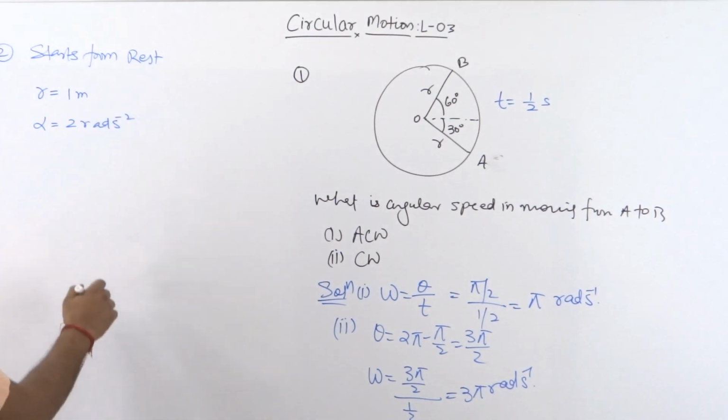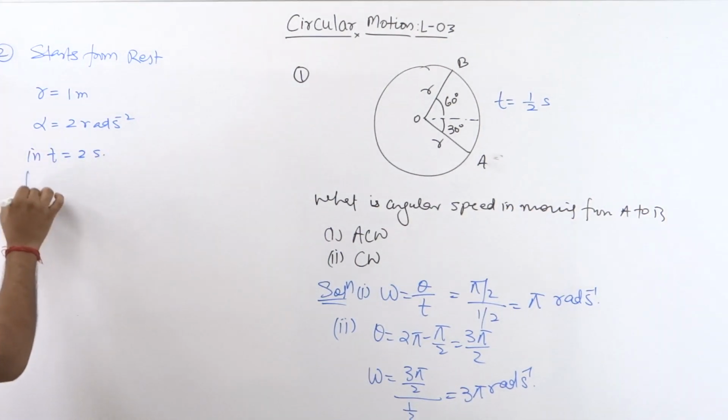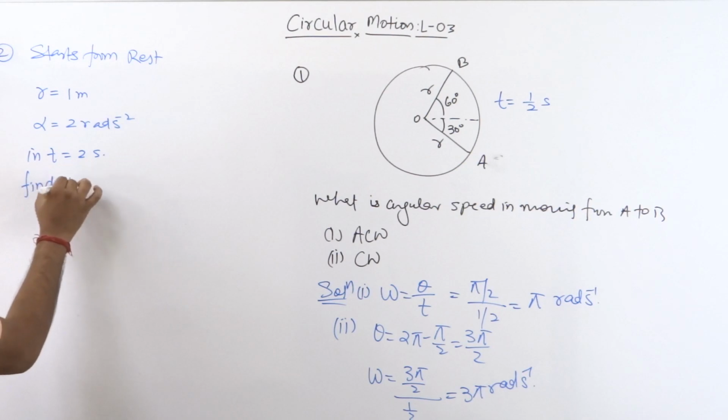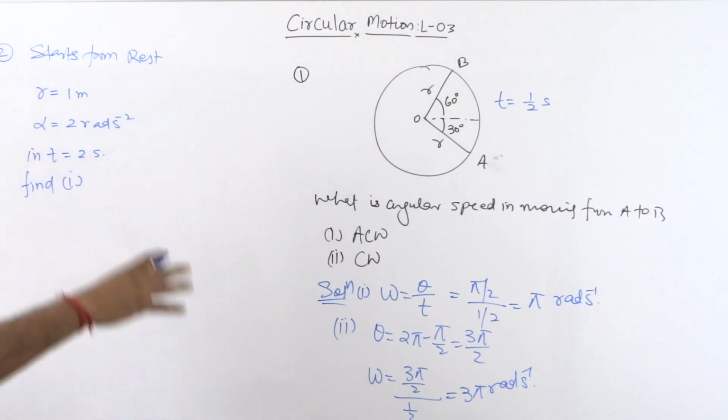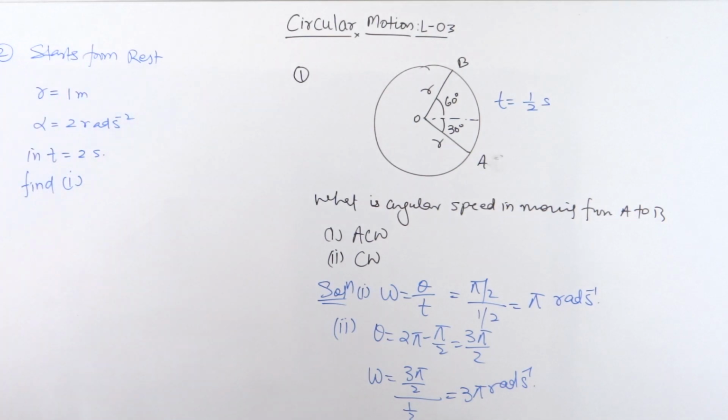And you have to find, at time t equals 2 seconds, point number 1. So basically a body is starting from rest in circular motion of radius 1 meter with an angular acceleration of 2 radian per second square.